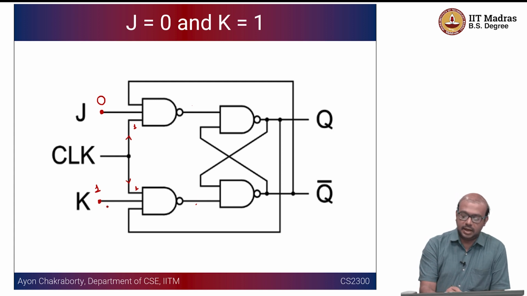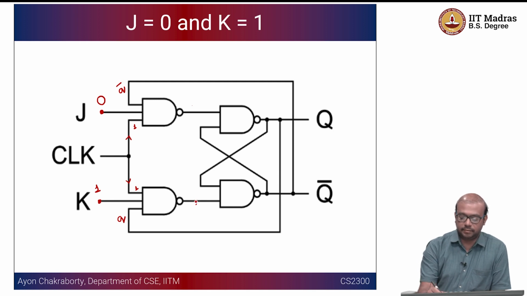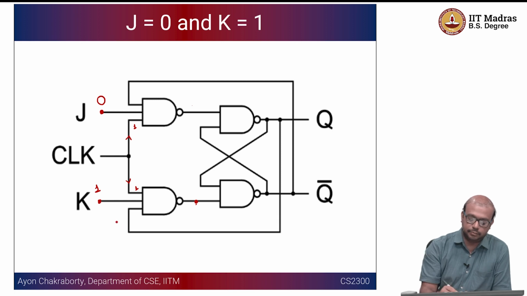Okay, so if K is equal to 1 and here you are having Q, and here you are having Q bar. So what is the output of this line? The output of this line is going to be Q bar. I will rather use the capital letters because that is what we have assumed.